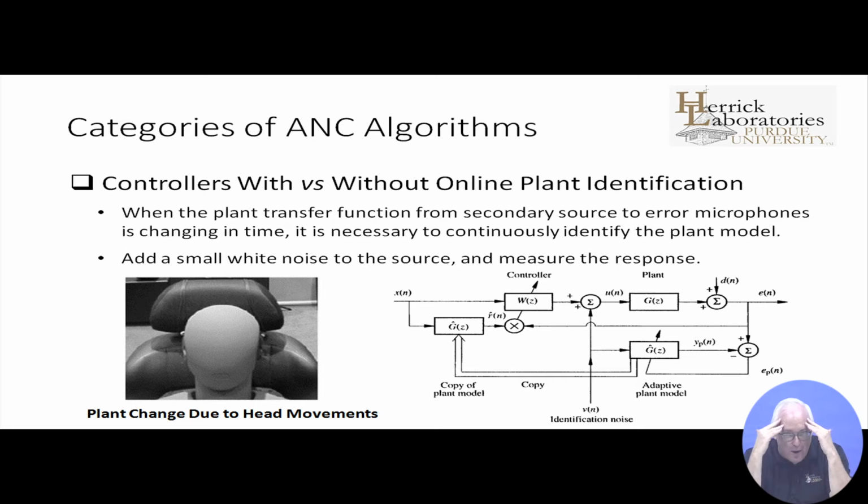But instead of locking the passenger's head in one place, what you can do is continuously run a system identification program to, in effect, experimentally measure the transfer function or estimate the transfer function as it changes by adding small signals to the source, right?